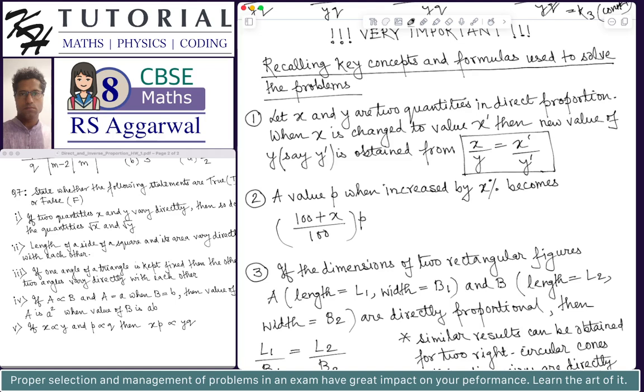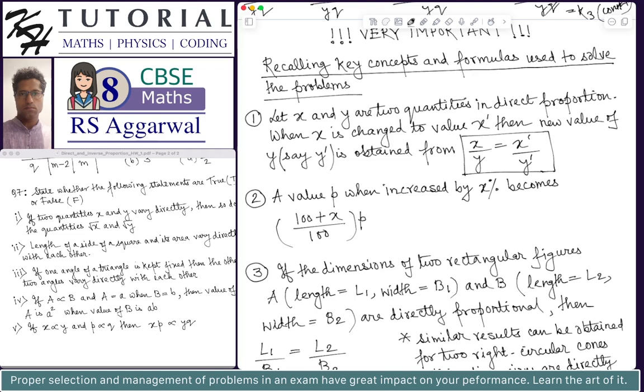So this is one concept that was applied. When it is given that two quantities x and y are in direct proportion and one quantity is being changed, and you are asked what will be the value of the other quantity, this is the equation that you must use, which is basically the fundamental equation of the condition of the two quantities x and y to be in direct variation. That is, we are just equating the ratio of corresponding values.